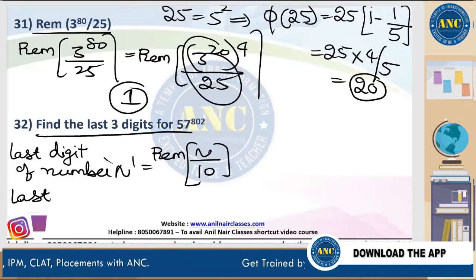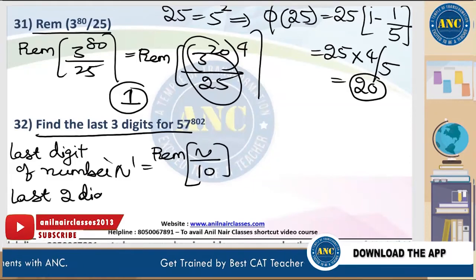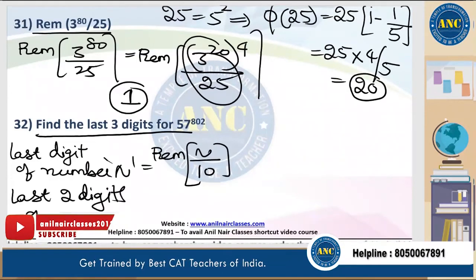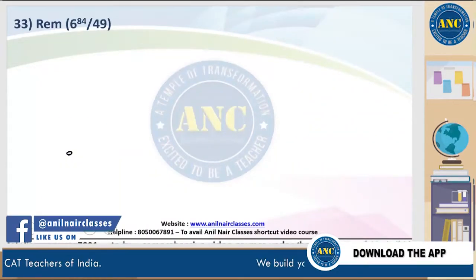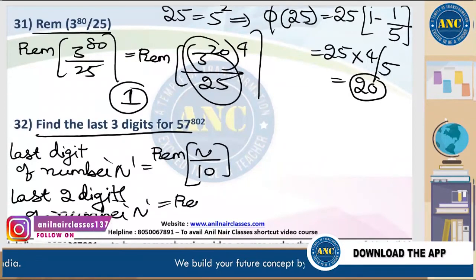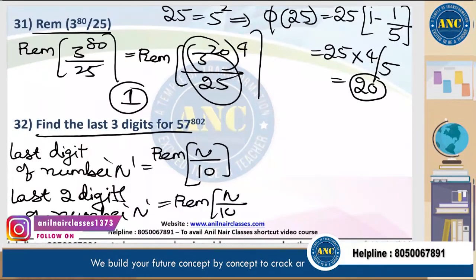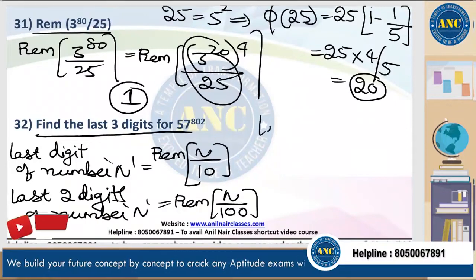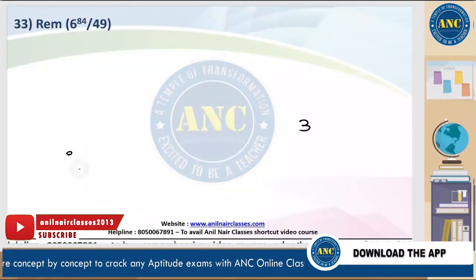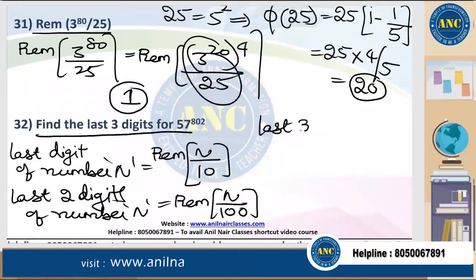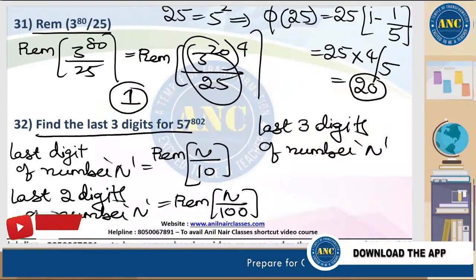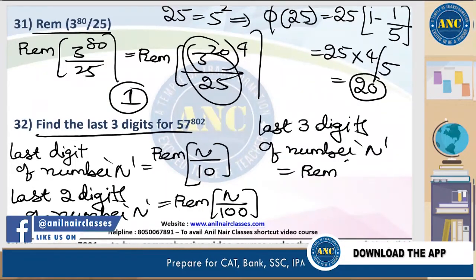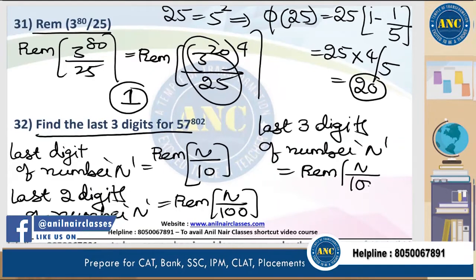The last two digits of number n is the remainder when you divide by 100. Similarly, the last 3 digits of a number n is a remainder when you divide the number by 1000.